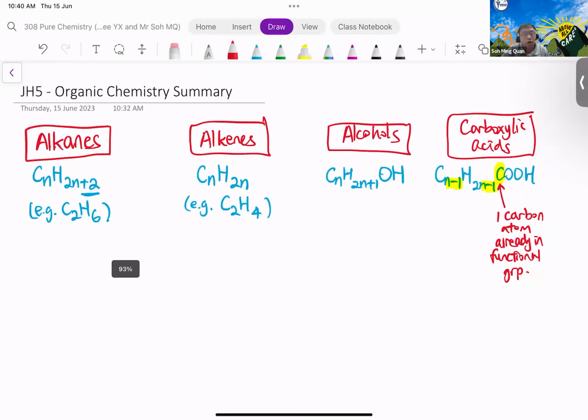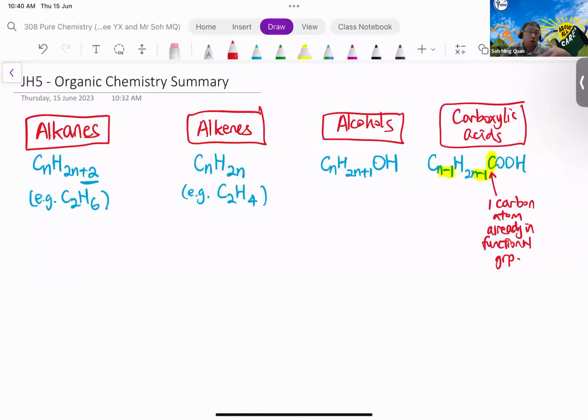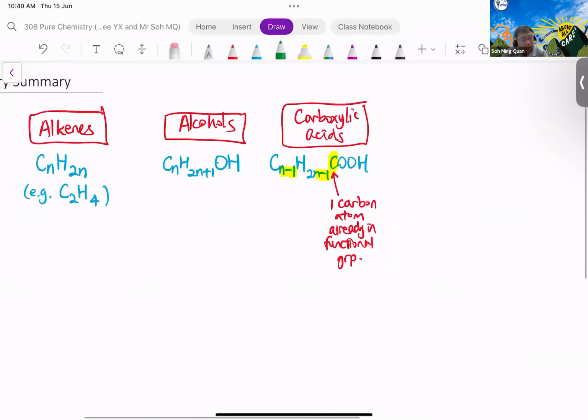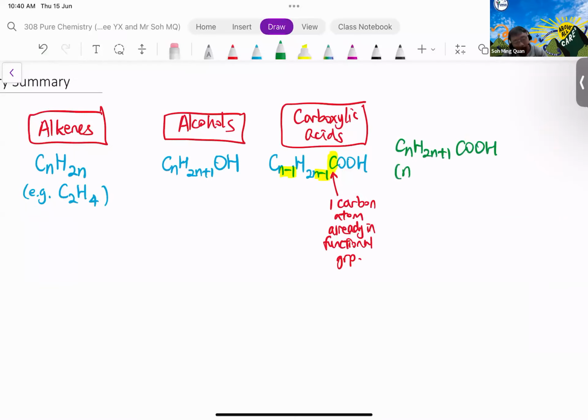Now, some of you may have looked at your textbook or you looked at notes from other sources, like other schools, for example. You will realize that there's a variation to the general formula of carboxylic acids. The variation given in your textbook is this. Okay, now this is a variation of the general formula. It is actually the same formula.